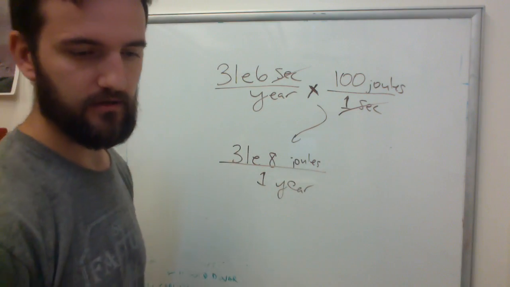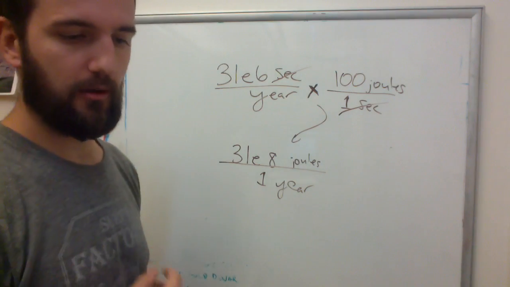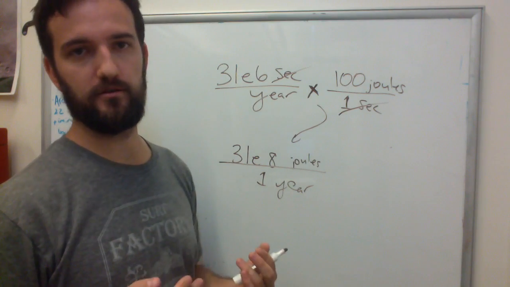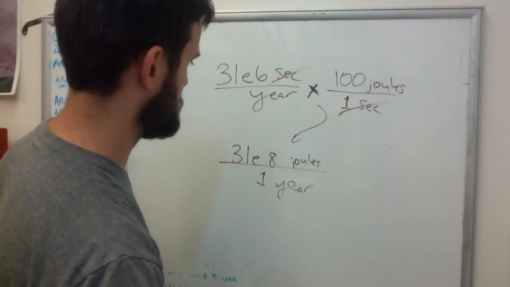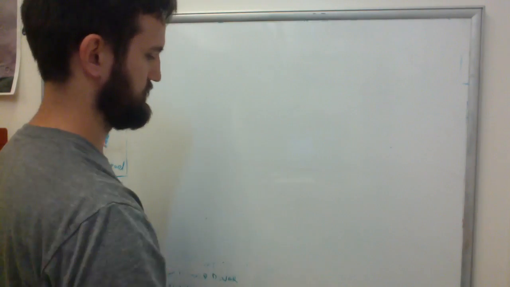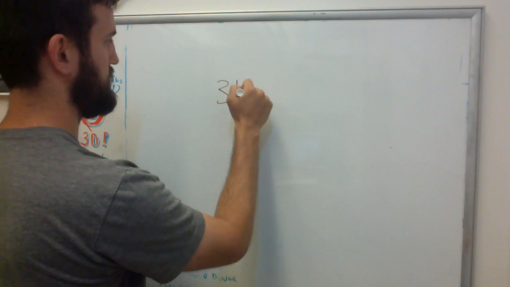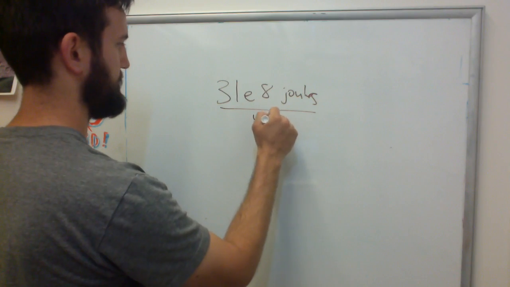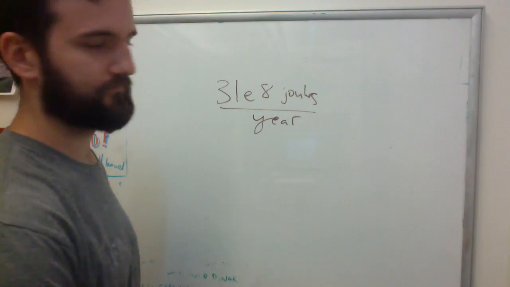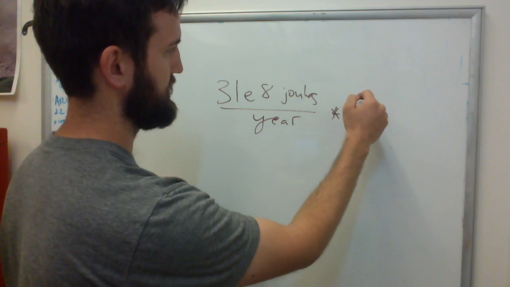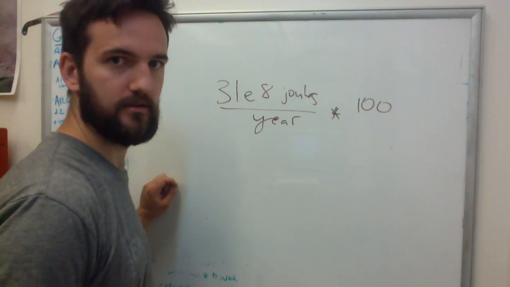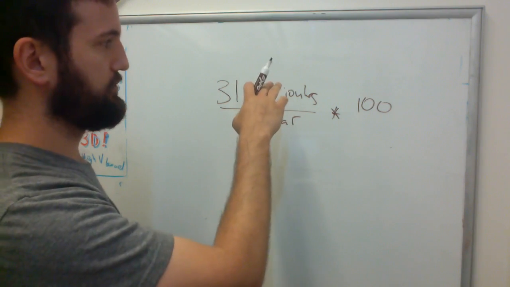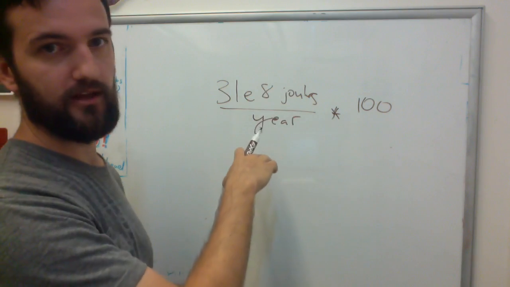Okay, the next question is, how much energy does a household use in a year? The hint given here was to assume that the household has 100 light bulbs. So we have 31e8 joules per year for one light bulb. Well, guess what? We multiply this by 100, and there's no unit here. We're just multiplying the energy output for a whole year for one light bulb by 100.